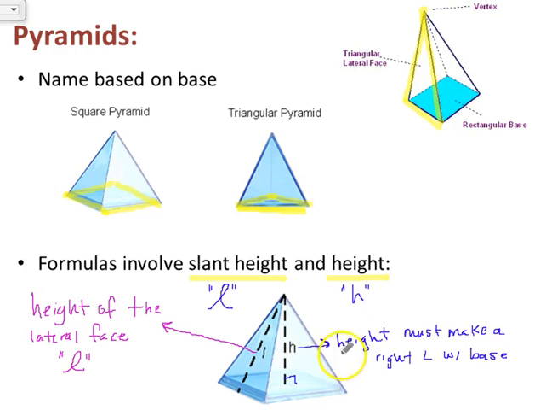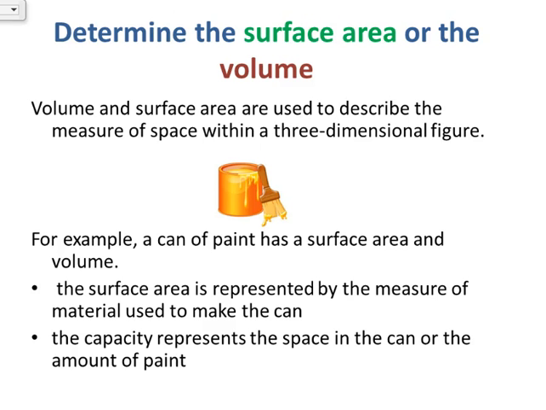They're very important because you will see L and H used in the formulas this week, and it's important that you are able to distinguish the slant height right here versus the height. All right, so moving on. Click pause if you need more time.